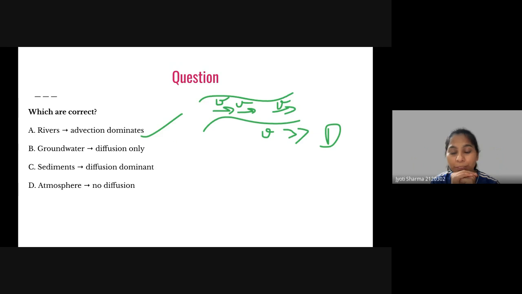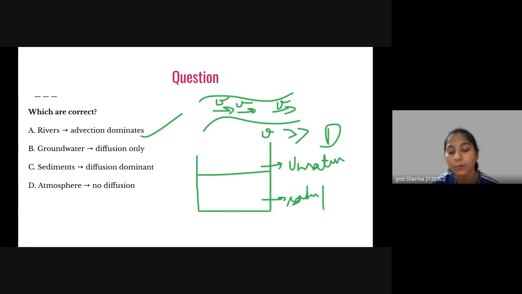Coming to the groundwater, what happens in the groundwater? Here you have your unsaturated part, and this is your saturated part, and this saturated part is giving you the groundwater, or you can say the aquifer. So what happens in the groundwater? Is there any velocity with which the groundwater is moving?